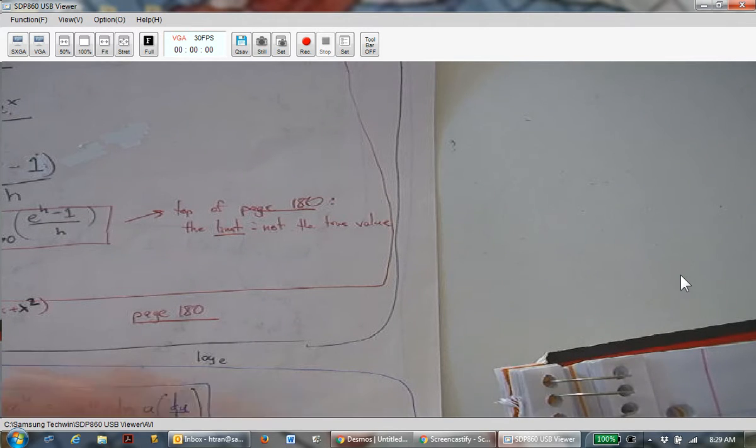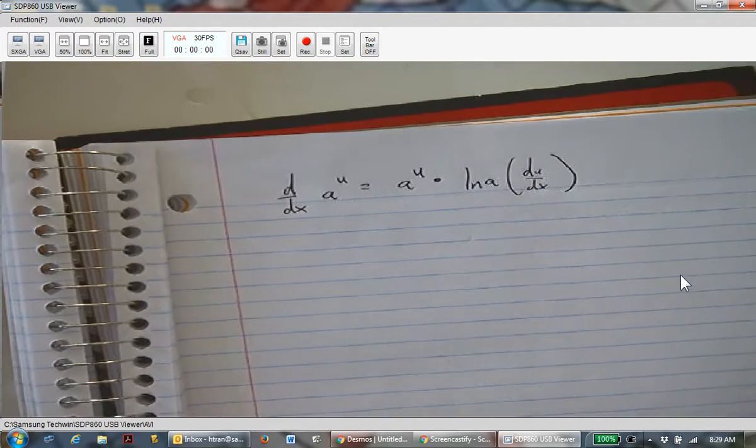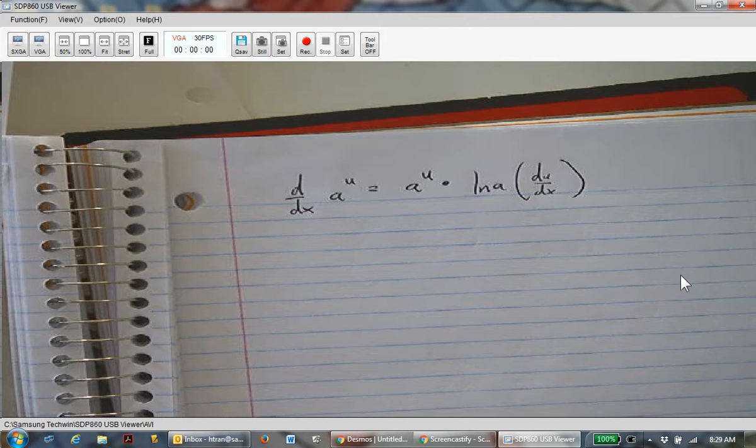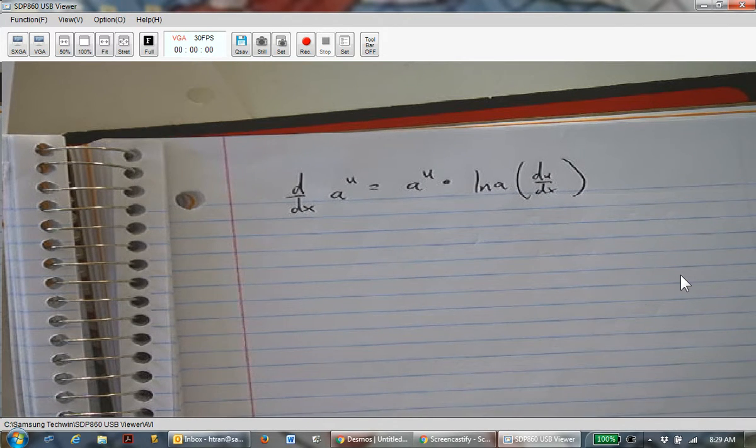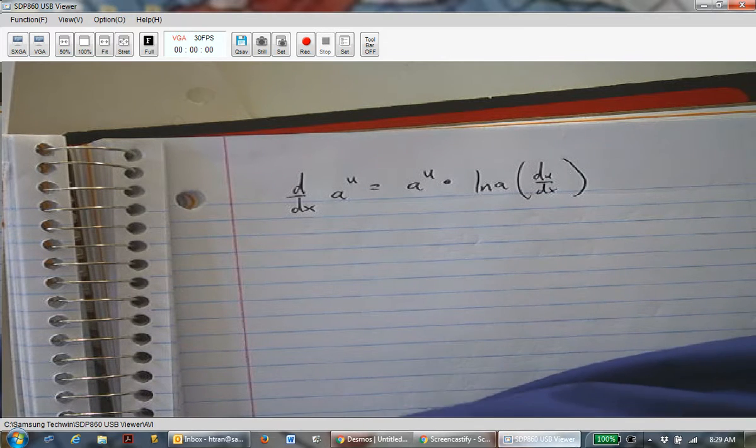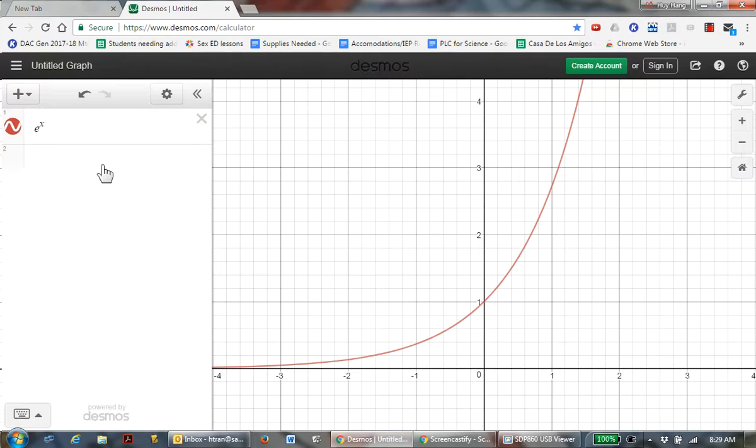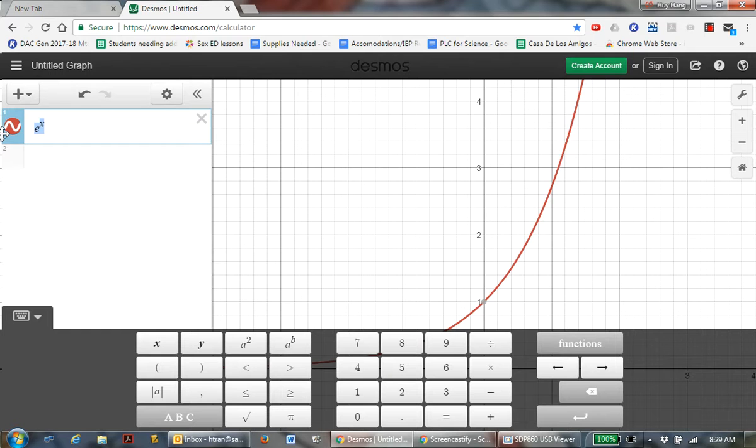But if it's the same, that's here. So just taking the derivative of that. We're taking the derivative.